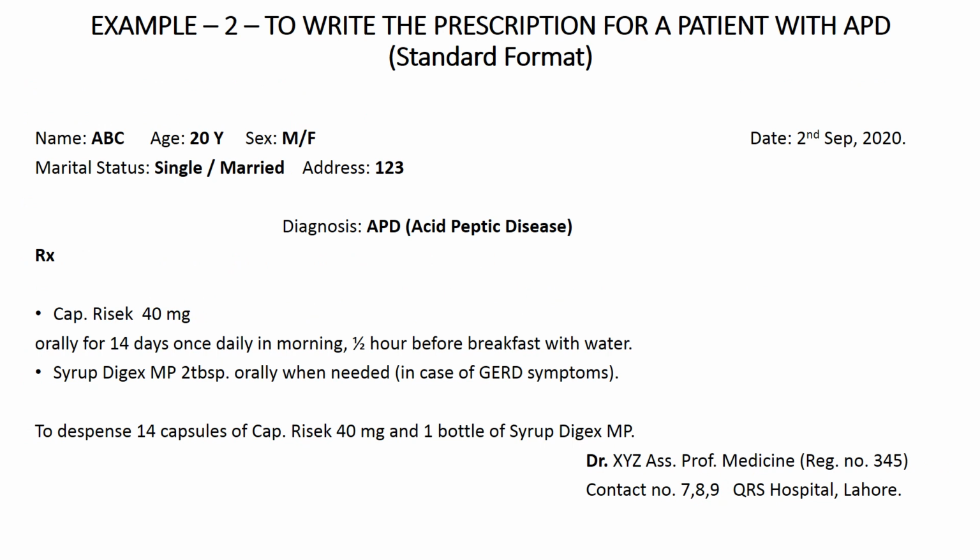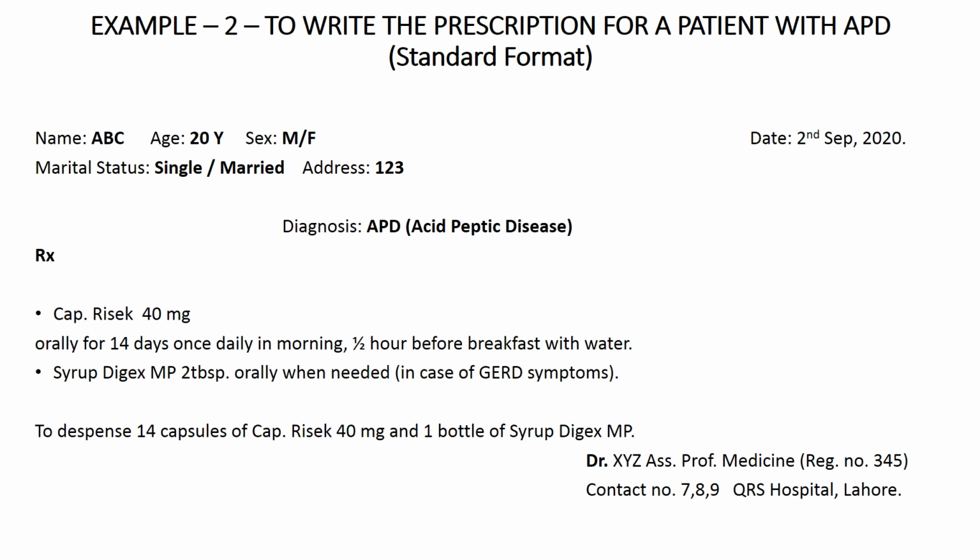Another example is given. The command here is to write the prescription for a patient with acid peptic disease. So you will follow the standard format given here in exam. After name, age, sex, marital status, address, which is the heading of the prescription, and also the date, you will write the body, which includes diagnosis, in this case APD, acid peptic disease.